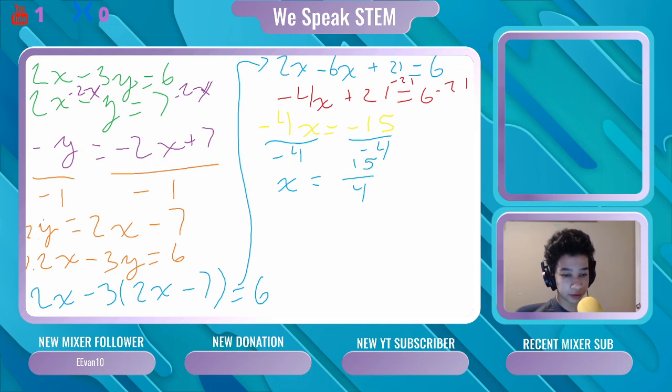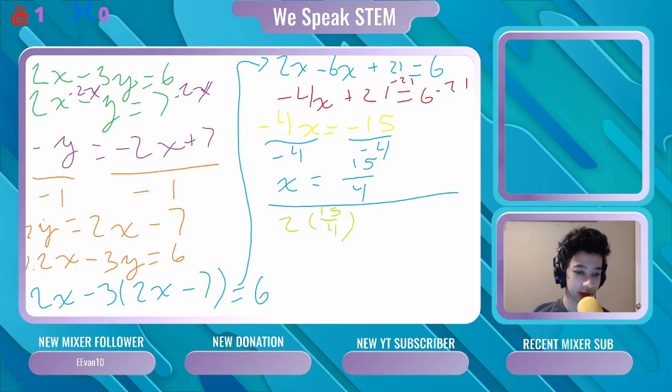Okay, so now we can solve for the next variable by simply throwing the x into another equation. So we get 2 times 15 over 4. And this one's going to be a pain because we have a fraction. Minus 3y equals 6. And the first thing we should do, since we have a fraction, is multiply each side by 4 to get rid of it.